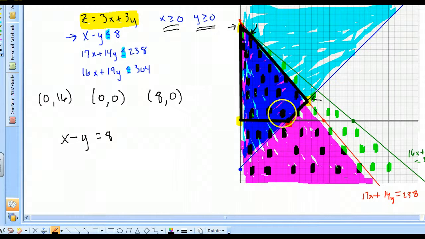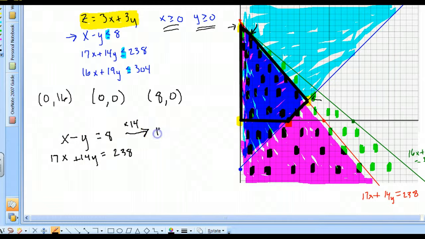That's the blue line, and we're finding where the blue line crosses the red line. And then 17x plus 14y equals 238. All right, I'm going to multiply the top equation by 14, to get a cancellation to occur here.